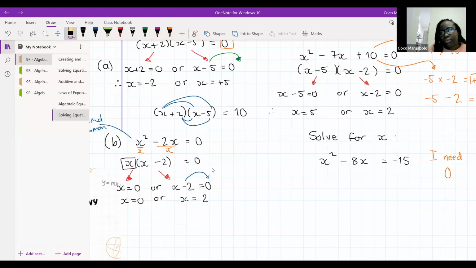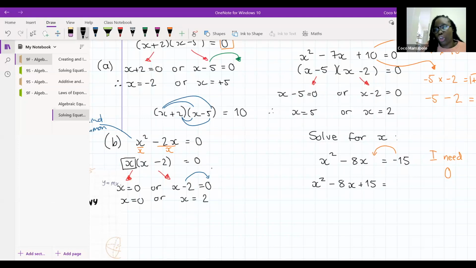Yes, ma'am. Good. So I'm moving minus 15 over to the other side, and it's going to become plus 15. Good. So now I'm going to get x squared minus 8x plus 15, finish up for me, is equal to?